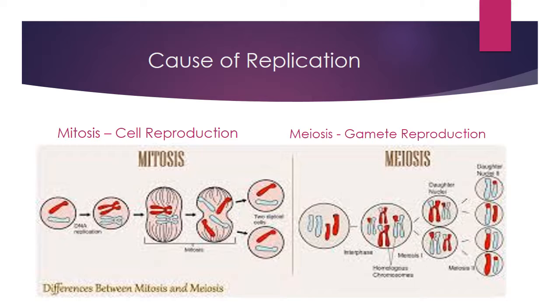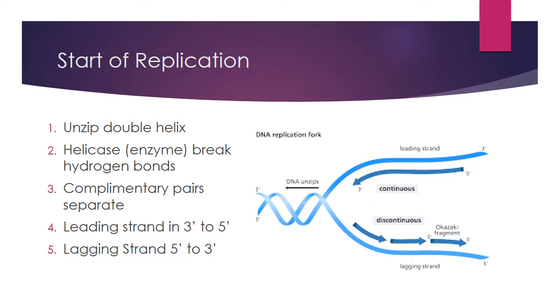DNA replication occurs in mitosis and meiosis. In mitosis, it happens during cell reproduction, and in meiosis, it happens in gamete reproduction. The start of replication begins with unzipping the double helix, which is shown at the beginning of the picture.